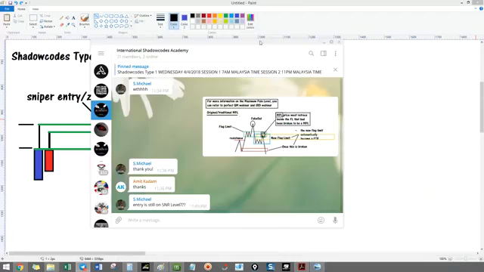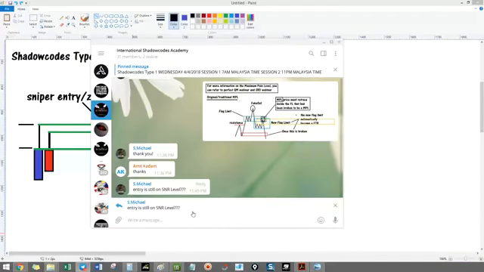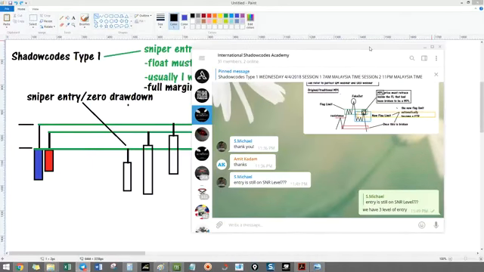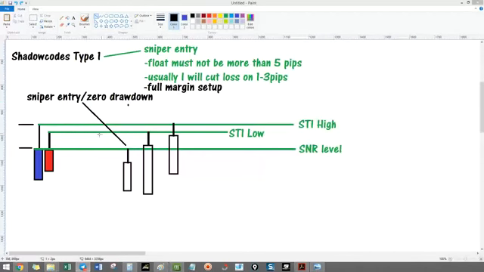So we have a question. Entry is still on SNR level. We have 3 levels of entry: the SNR, the line chart, and then now we have ST1, ST1 low and ST1 high.